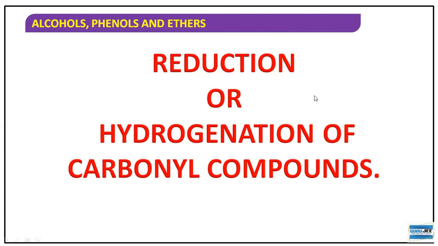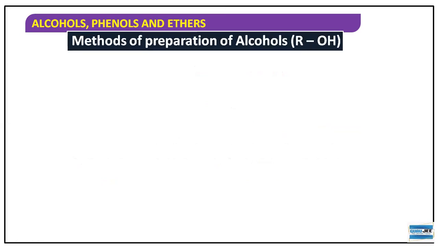When alcohol is oxidized, you are going to get aldehyde or ketone, which means reduction should give the reverse, isn't it? Carbonyl compounds, that means aldehyde or ketone, when reduced, you should get alcohols. Even further reduction will lead to the formation of alkanes mainly. But here we have to stop it at alcohol. So whatever reducing agent we are using is limited reduction. It should stop at alcohol, not go further.